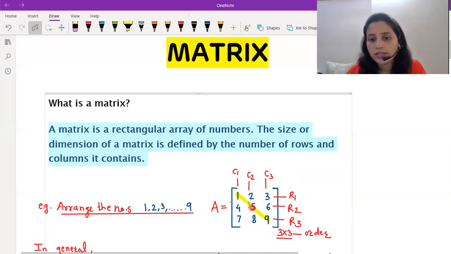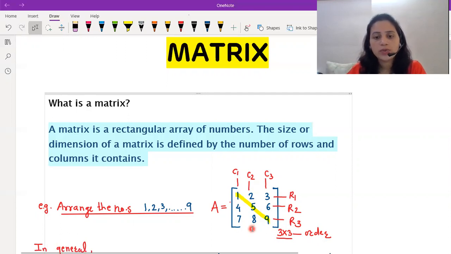Because it covers the first element of the matrix and the last element of the matrix, that is 9. So this is my principal diagonal or leading diagonal. So the numbers 1, 5 and 9 are called diagonal elements, and the rest of the numbers, that is 2, 3, 6 and 4, 7, 8, are called non-diagonal elements.